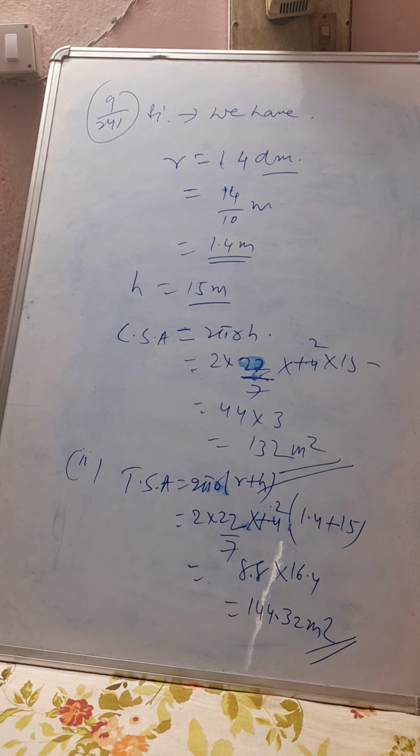It is your answer. With this we become able to solve all questions related to right circular cylinder, right circular hollow cylinder, as well as cuboid, as well as cube, and so on. According to the given question, we have to follow the right steps by using the right formula to solve that appropriate question.